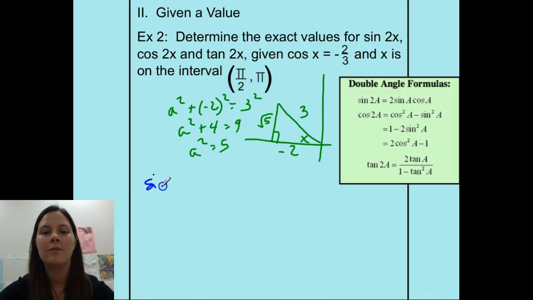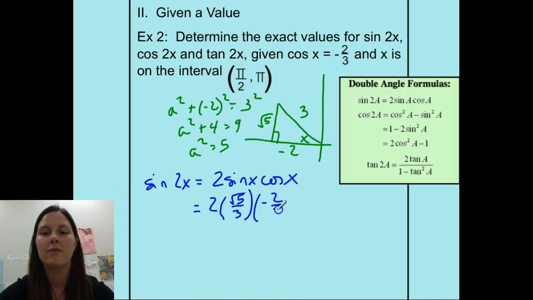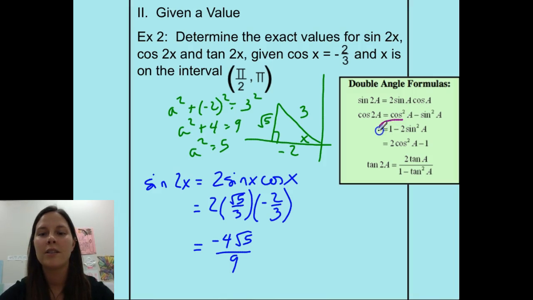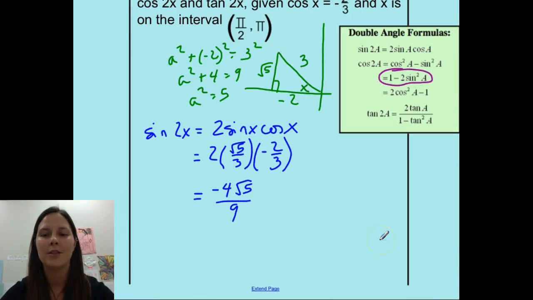Setting up our sine of 2x, that will give us 2 times the sine of x times the cosine of x. Substituting in, sine is opposite over hypotenuse. Cosine we were given was that negative 2/3. Multiplying straight across, we get negative 4 square root of 5 all over 9 for our sine of 2x. For cosine of 2x, I'll use the second formula this time. We've got 1 minus 2 sine squared.